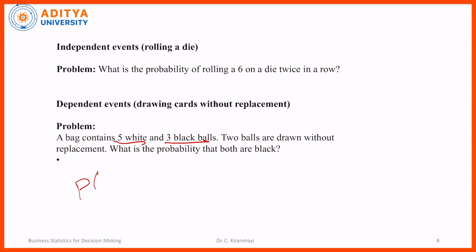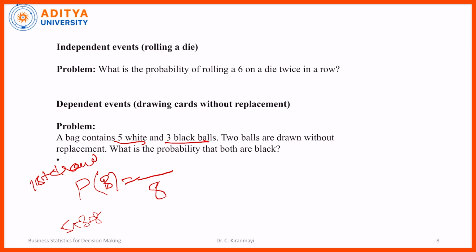How many balls are there for the first draw? In total the bag contains 5 plus 3, total 8 balls. Out of 8, I want to get a black ball in the first draw.